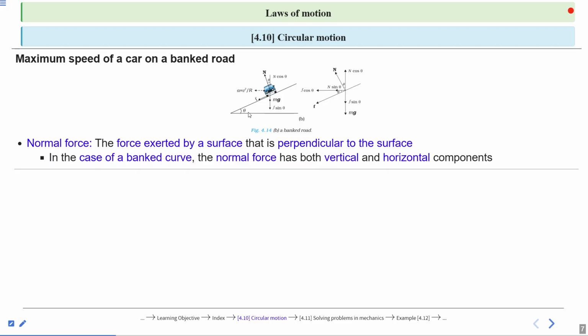Here theta is the angle of inclination, or bank angle. So when we resolve N, the horizontal and vertical components of the normal reaction are N sin theta and N cos theta. Clear?